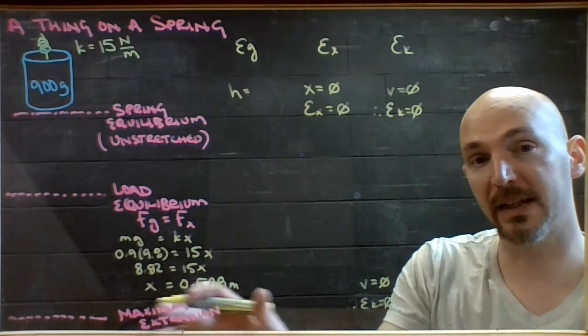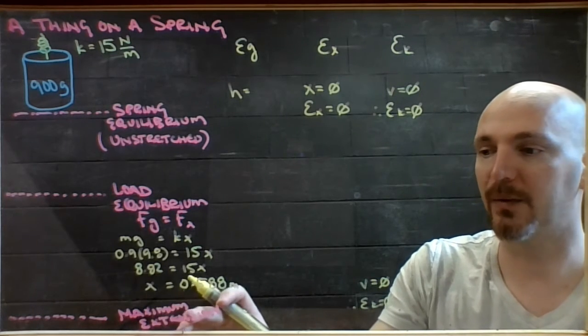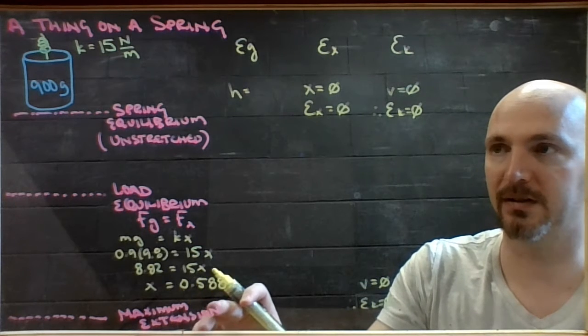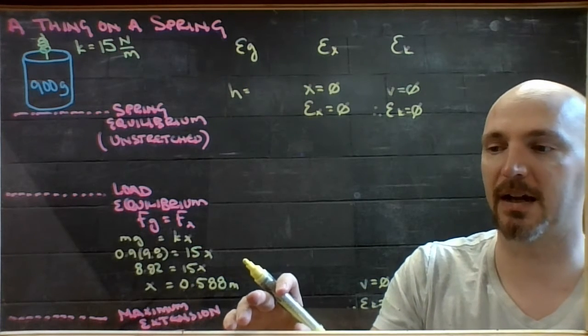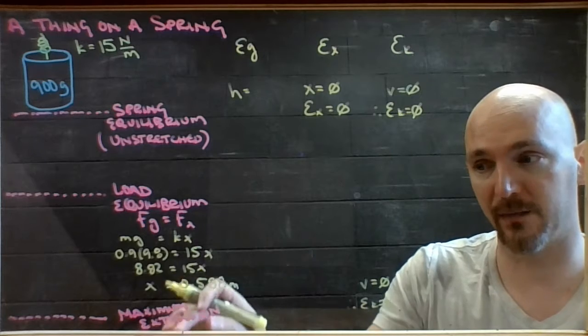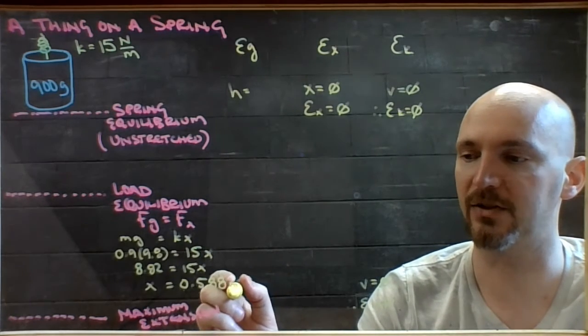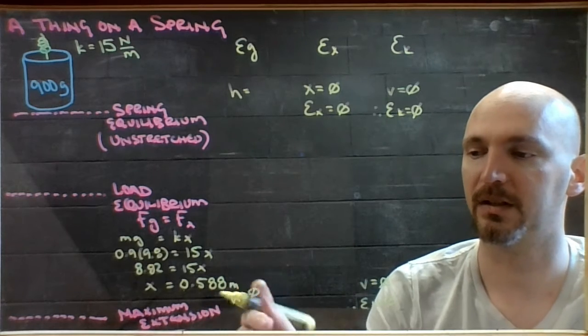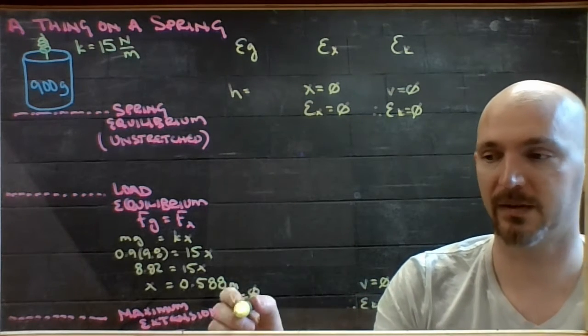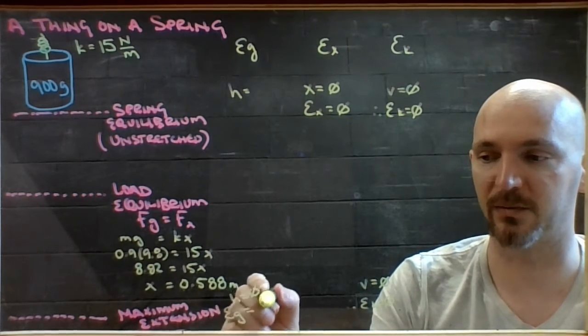If I go down to the maximum extension, I know that I'm at the very bottom of this problem. So I'm going to decide that spot is h equals 0. And if h equals 0, then gravitational potential will be 0 as well.